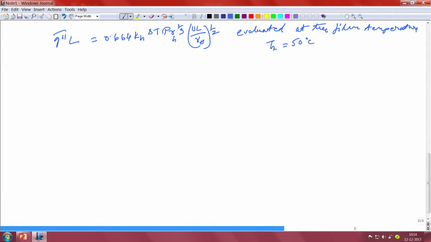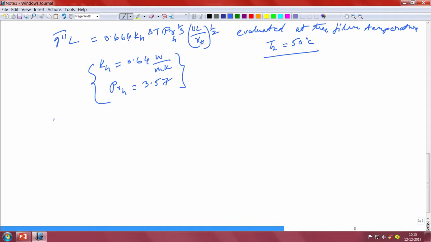Now what we do is divide the two. Let us put in some of the values. This k_h is now 0.64 watt per meter Kelvin, and Prandtl number h is about 3.57. These are all evaluated at 50 degrees Celsius.